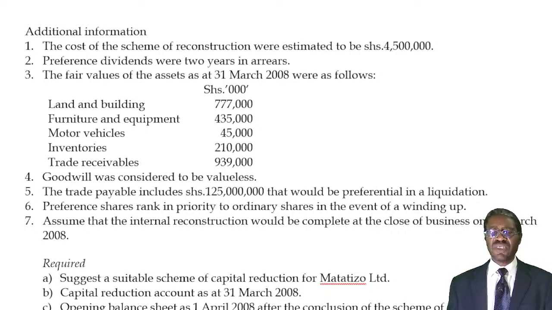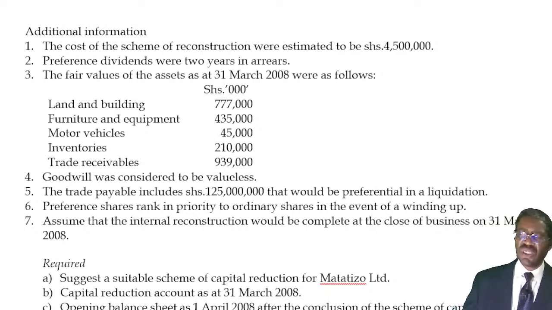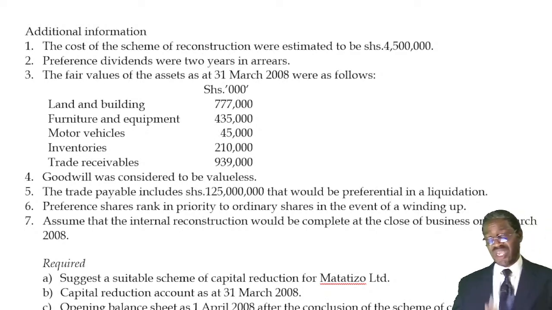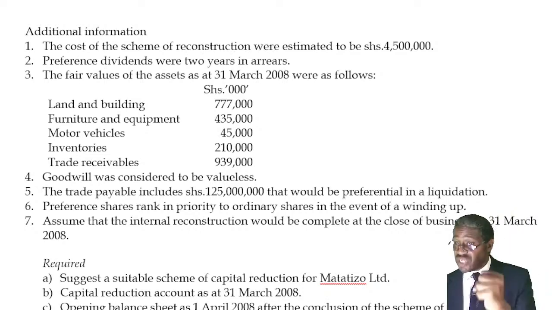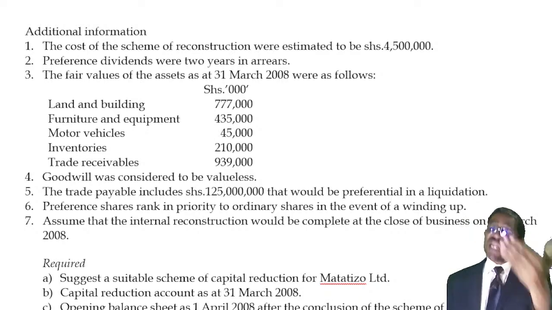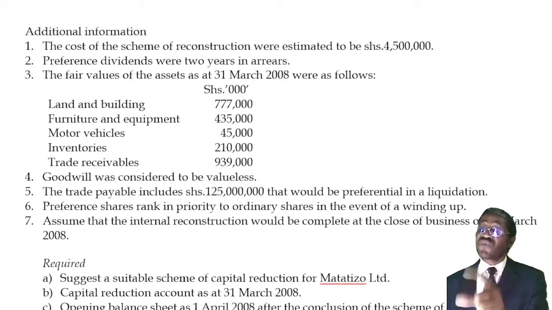Number five, trade payables include shillings 125 million that would be preferential in a liquidation. So they are just telling you among the creditors, there is 125 million that will be classified as a preferential creditor.